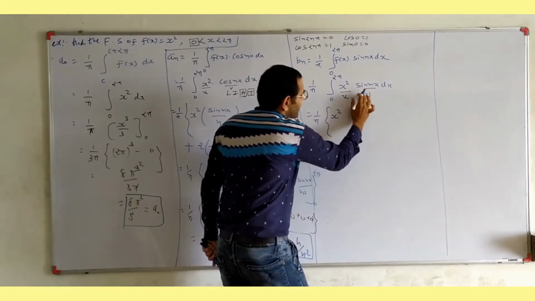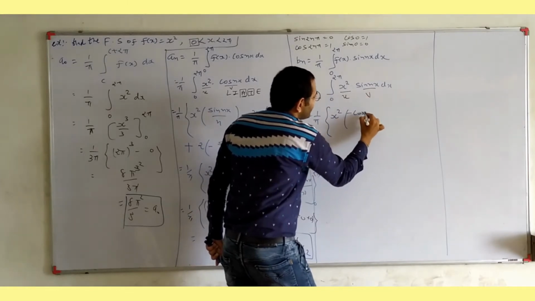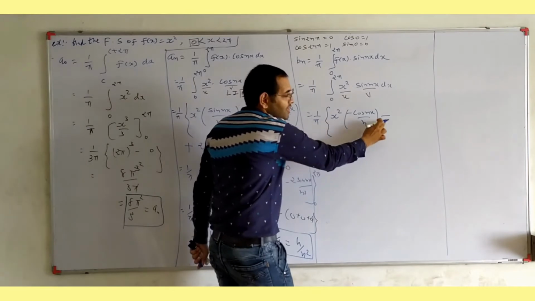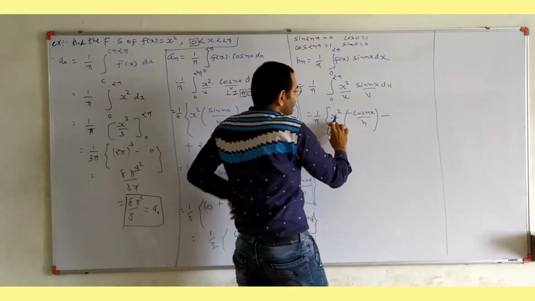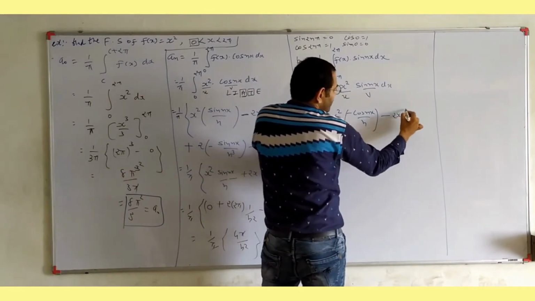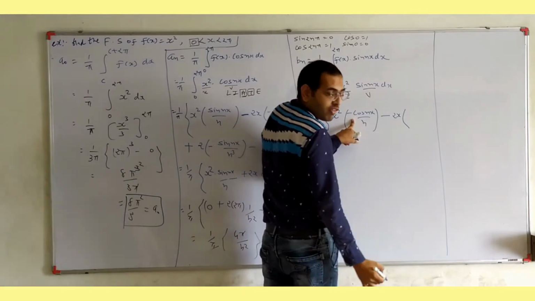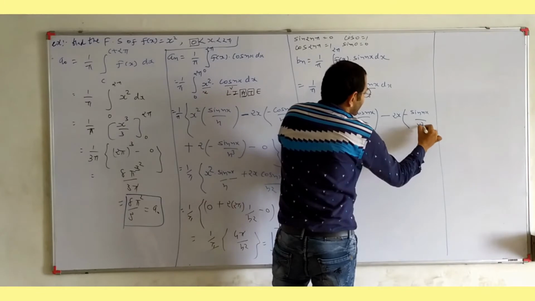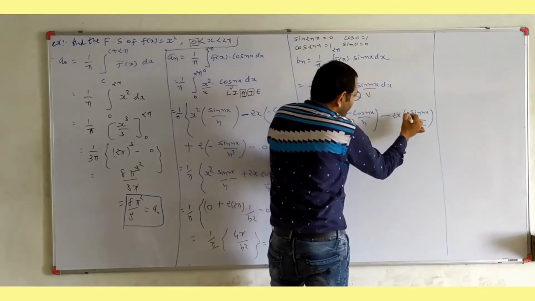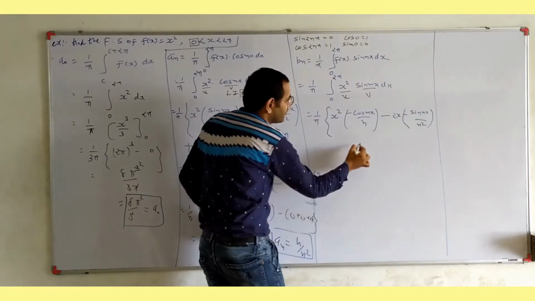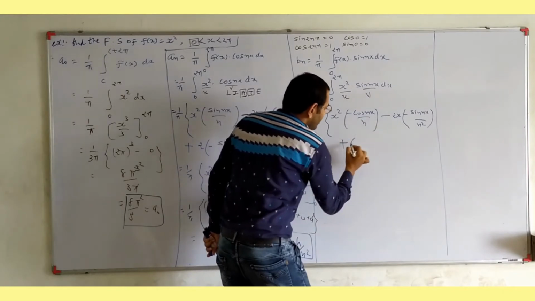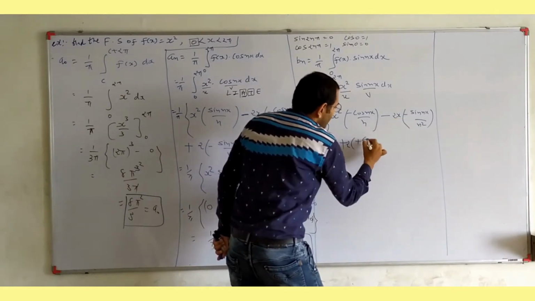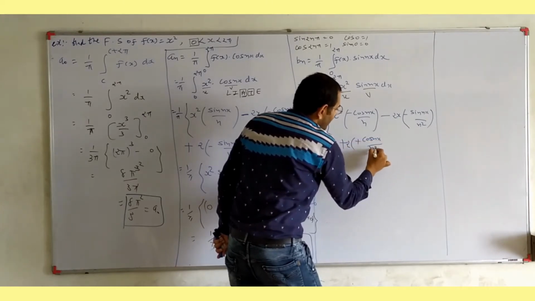U as it is, integral of v, that is minus cos nx by n, minus, that is the sign of the formula, derivative of u, the derivative of x square is 2x, integral of the v term is minus sin nx by n square. We must carry forward this sign in the v term, plus the derivative of this, 2, integral of this minus plus cos nx by n cube.